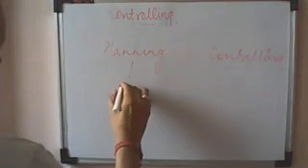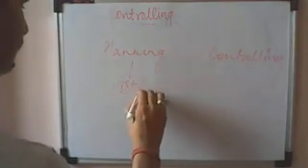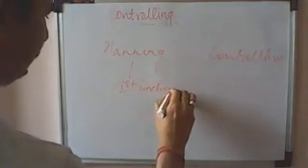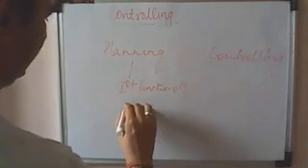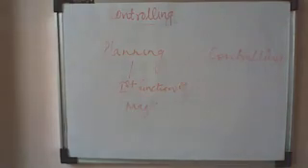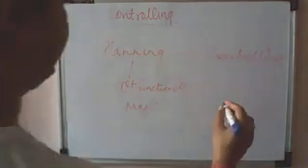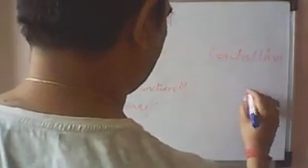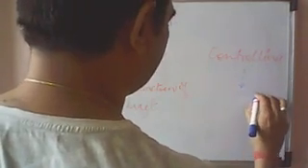Planning is the first function of management, whereas controlling is the last function of management.